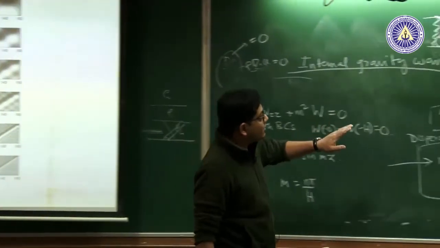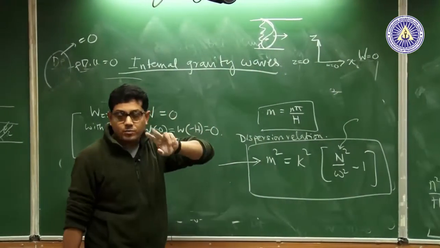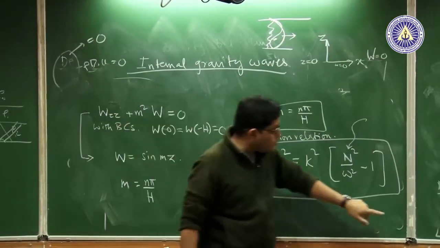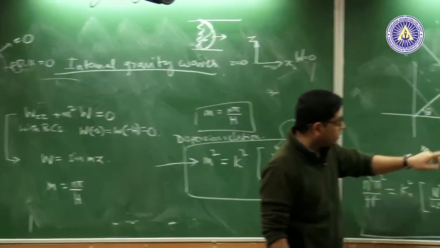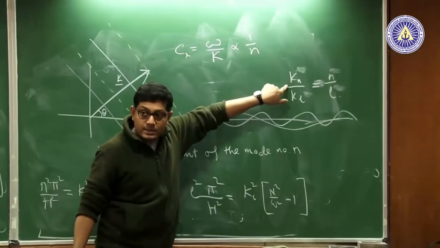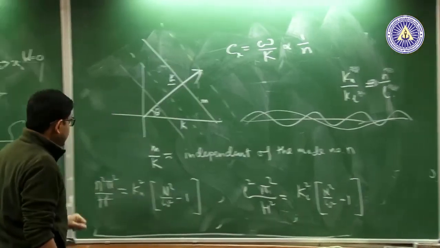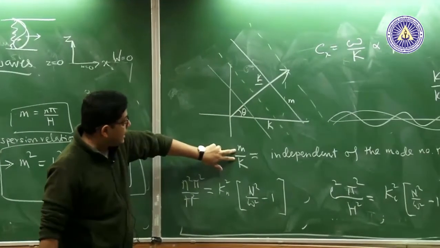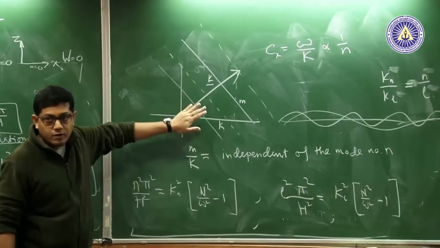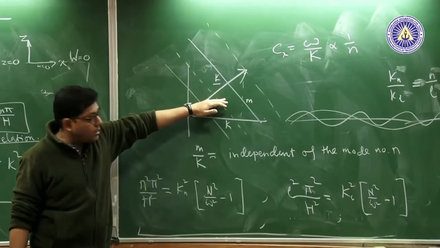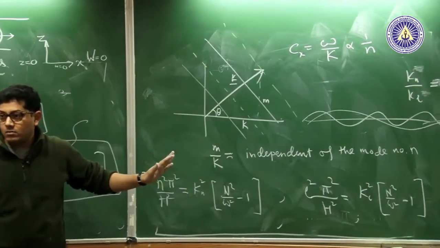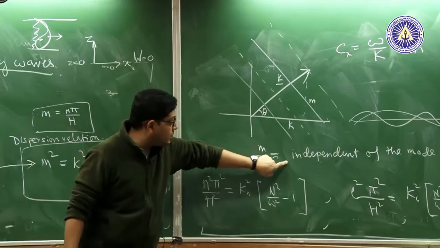It is because it is not only a one-direction problem, it is a two-dimensional problem, and it turns out that omega by, there are two of these, that they maintain this ratio. And the second thing is that this m by k, take any wave, the vertical and horizontal wave numbers, is independent of n. m by k does not depend on n.